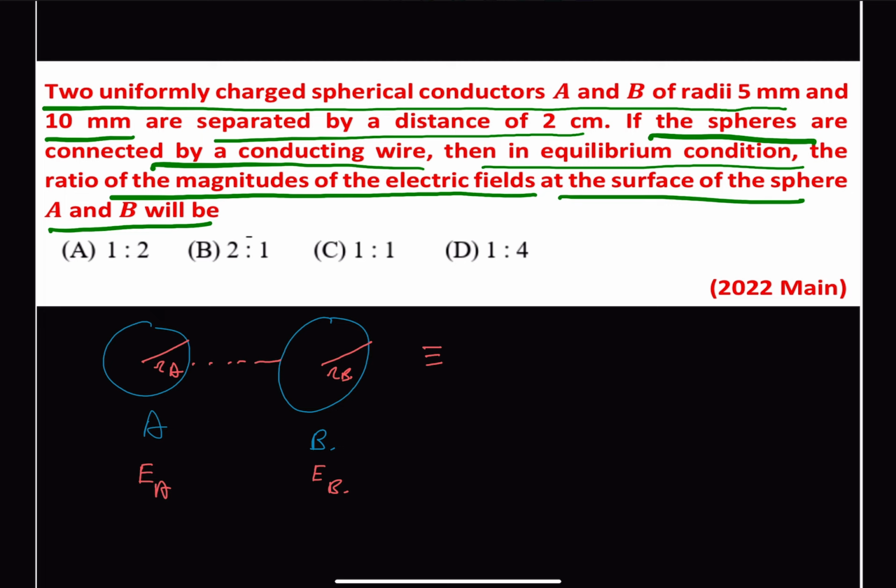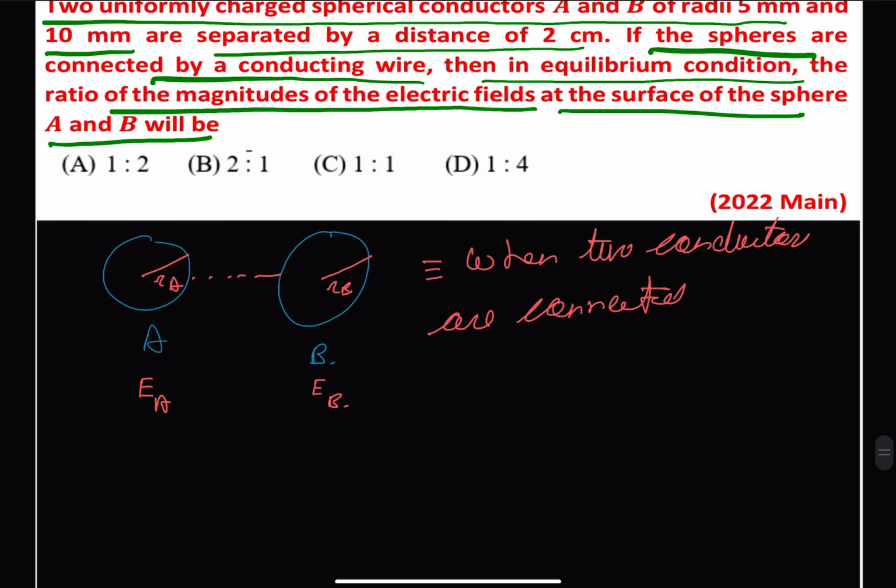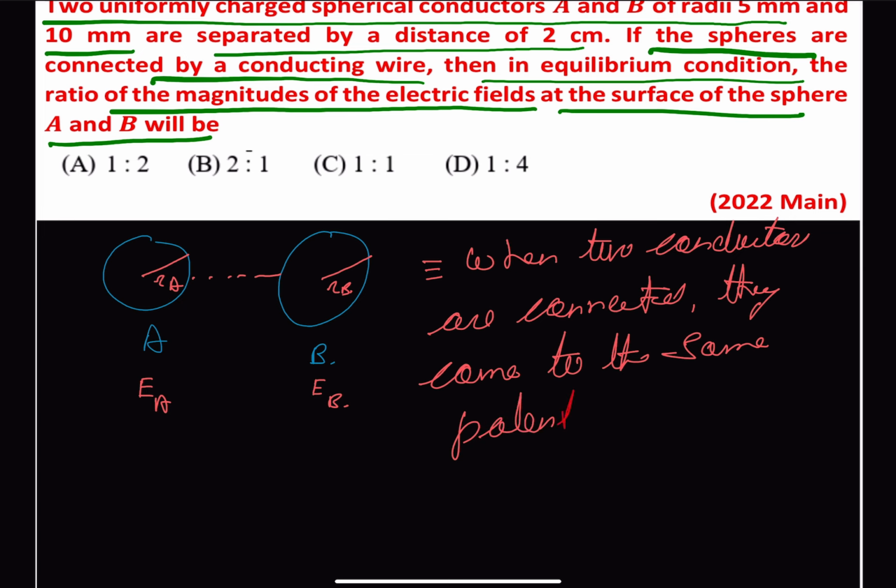So you can say when two conductors are connected, they come to the same potential in electrostatic equilibrium.